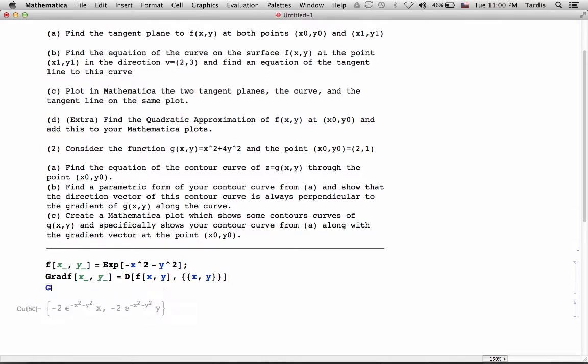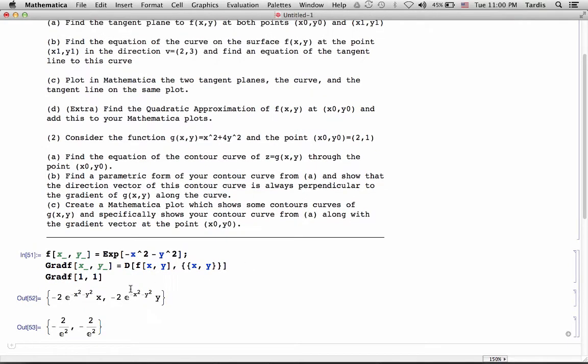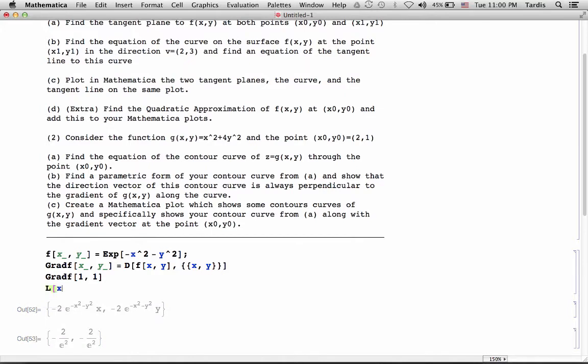Now take the gradient of your function evaluated at 1, 1, and there is your gradient evaluated at 1, 1, which is what we saw before. Now let's compute our tangent plane. Make it a function of x and y.